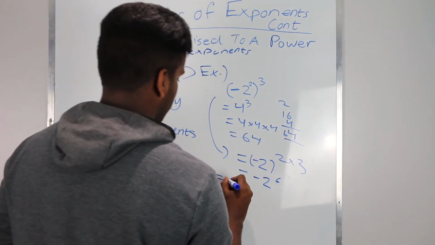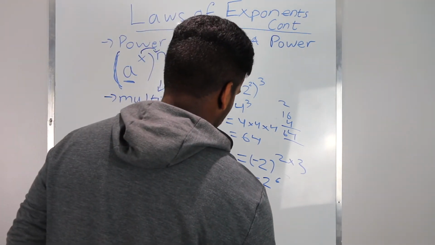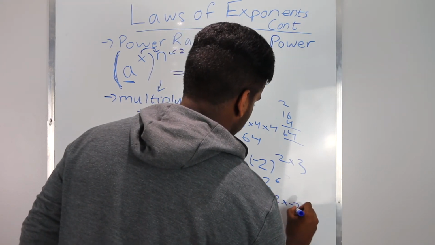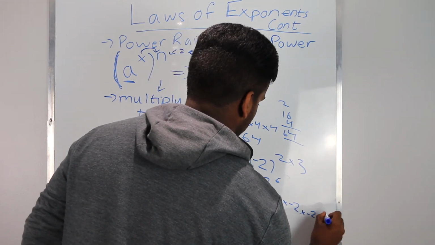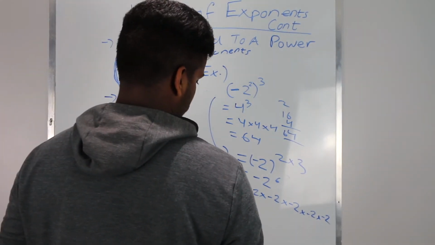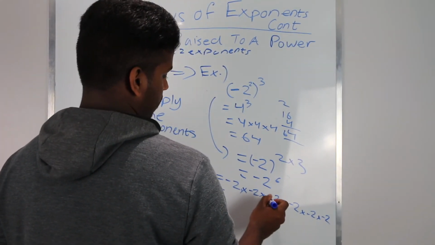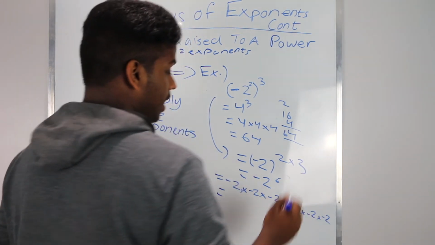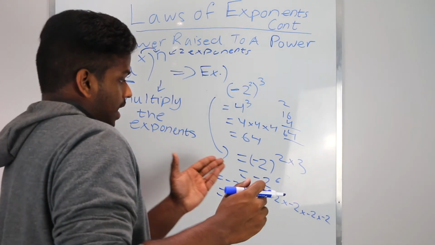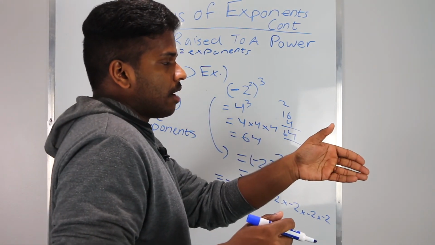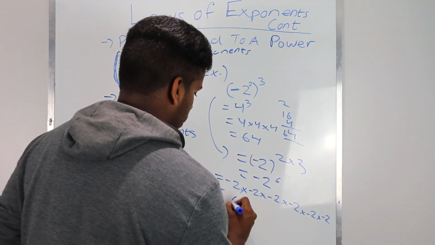That would be -2 times -2 times -2 times -2 times -2 times -2, and it continues like that. So that's 4, then -8, 16, -32, which is -2 to the power of 5. So -2 to the power of 6 would be positive 64.